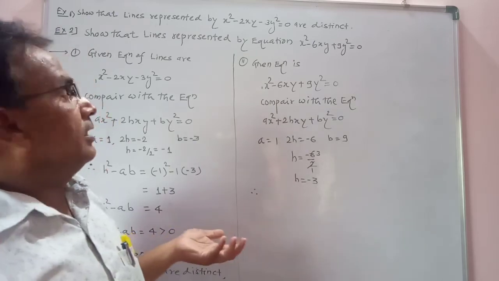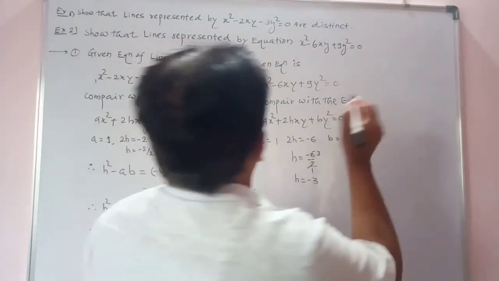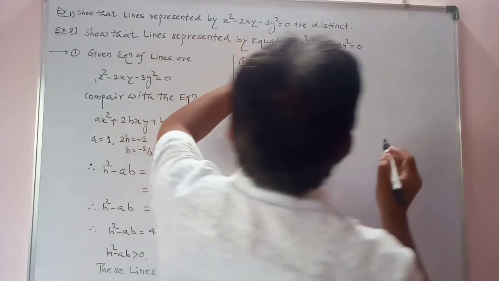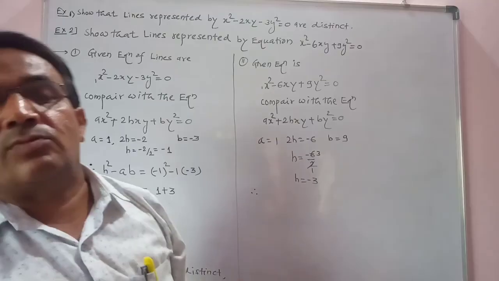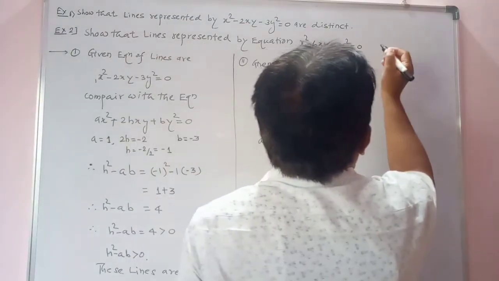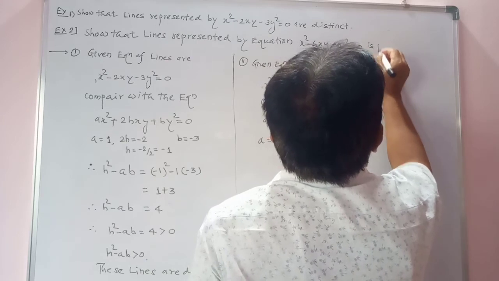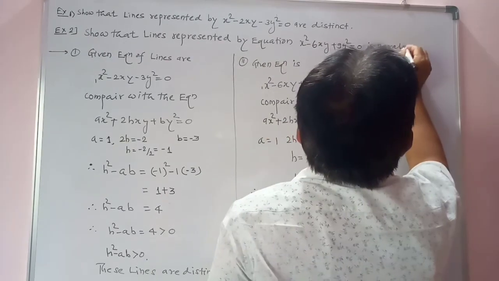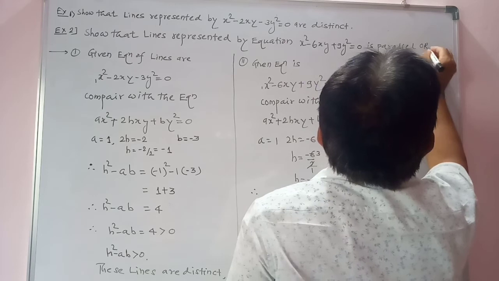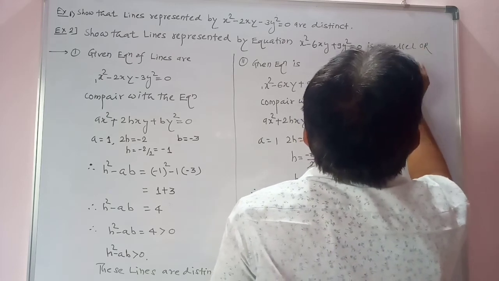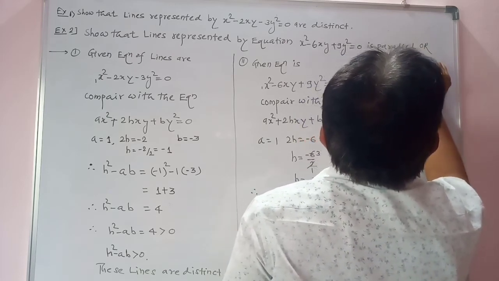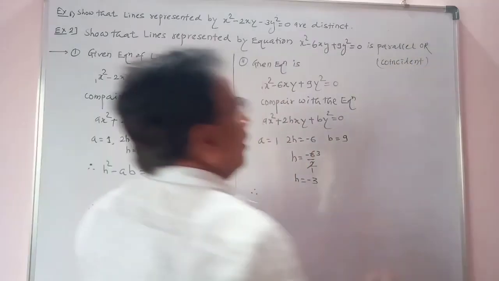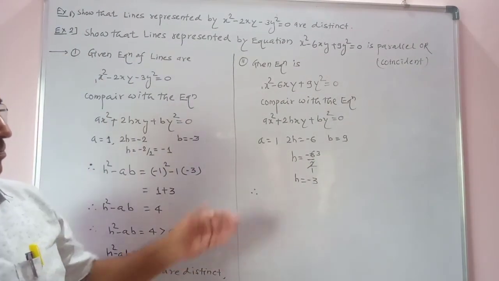These lines are coincident or parallel. We check the condition of parallel or coincident.